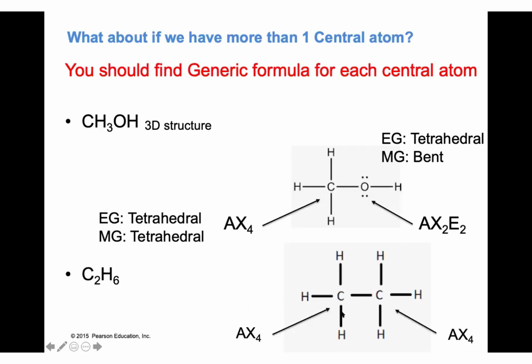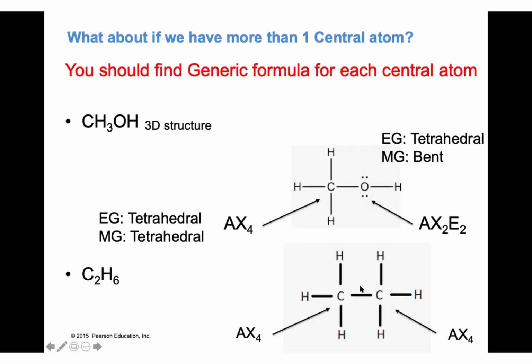So here I have two central atoms. If you put your hand on the right carbon, you see that the left side carbon has four bonds, so the generic formula is X4. And when you put your hand on the left side carbon, you see that the generic formula for the right side carbon is X4.